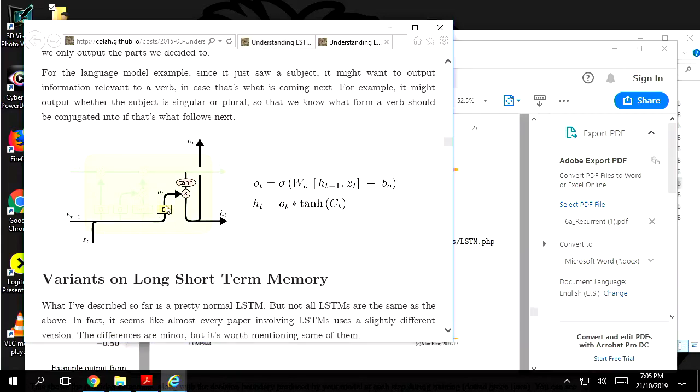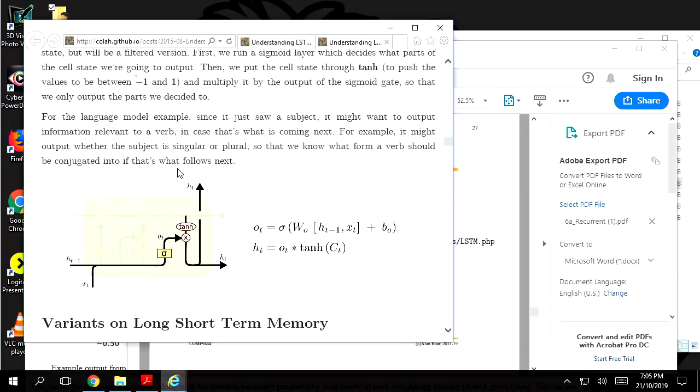And then you have yet another gate. Those get added, and then you apply tanh to bring it back between -1 and 1. And then a third gate is the output gate. That gives you the new context unit, but then this here gives you the new hidden unit.